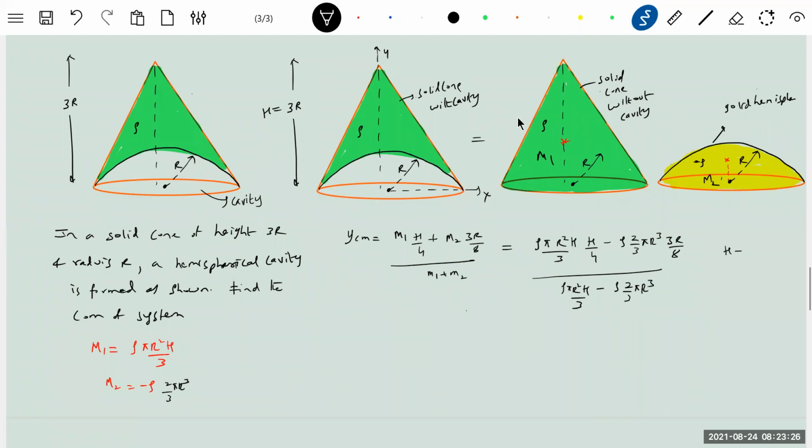What is h? h is given, no? 3r. Substitute and solve it. Can anybody give me the answer? You have to substitute h as 3r. So rho pi r square will anyway get cancelled. Check it. Rho pi r cube will get eliminated.